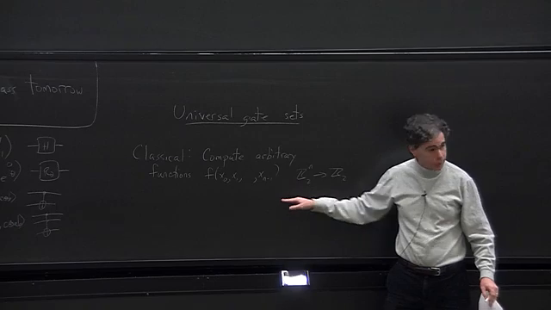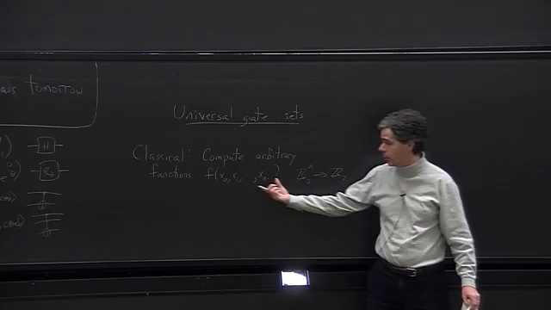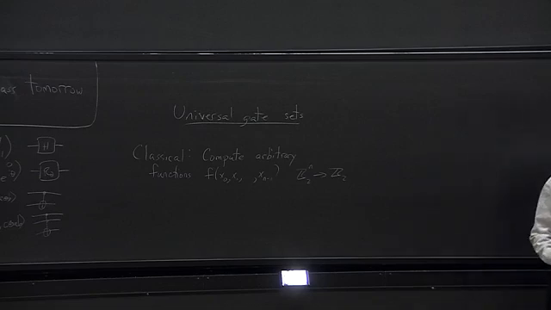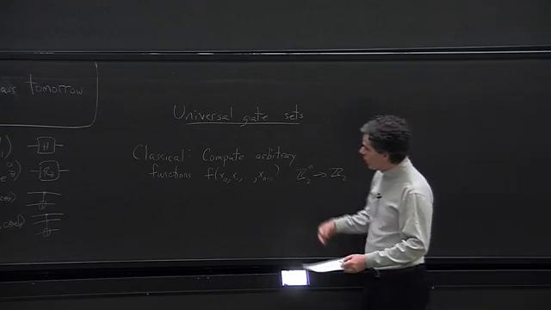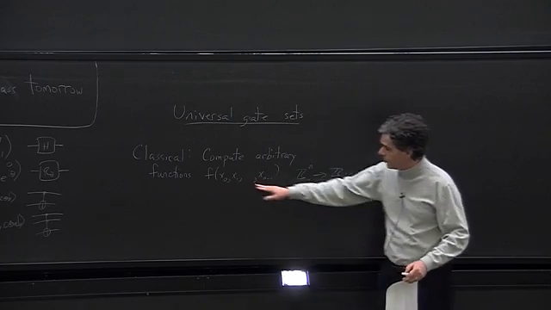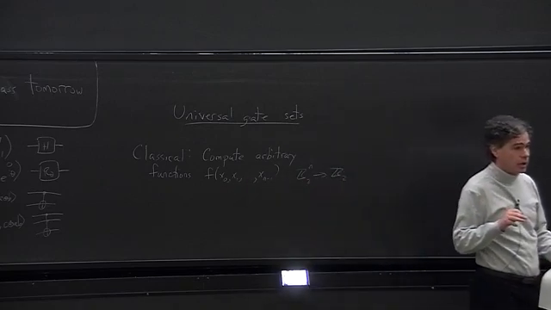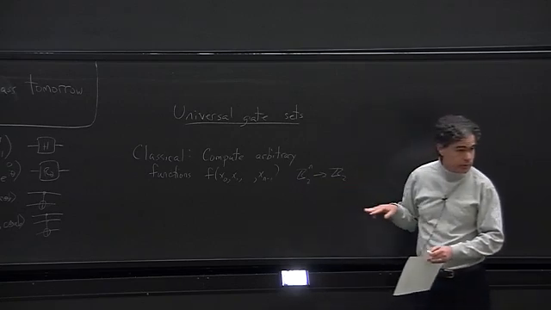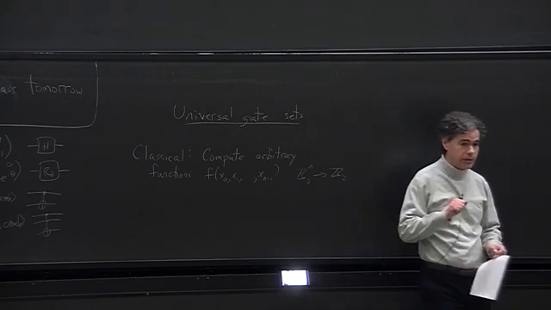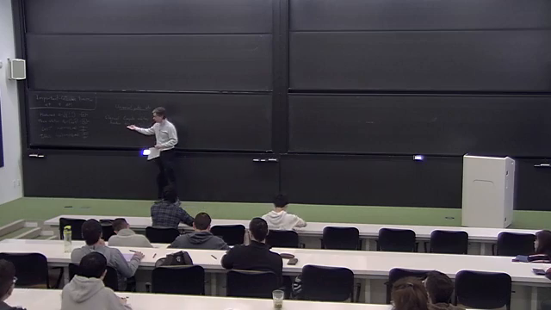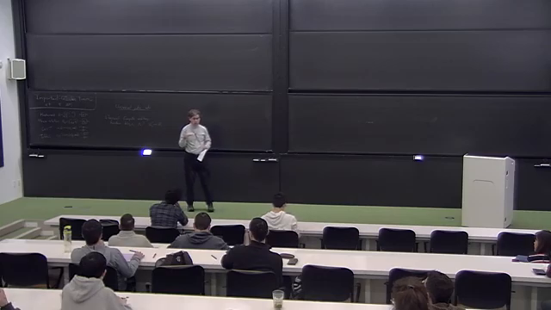If we want to do it reversibly, then we just keep around the n input bits and add this as an n plus first bit. Because there are n variables here, and because we're dealing with bits, and bits have the property that whether x is 0 or 1, x squared is equal to x, we can write an arbitrary function as a polynomial.